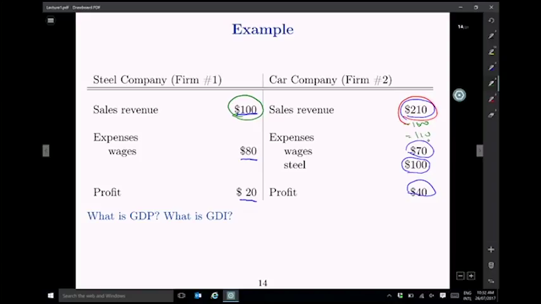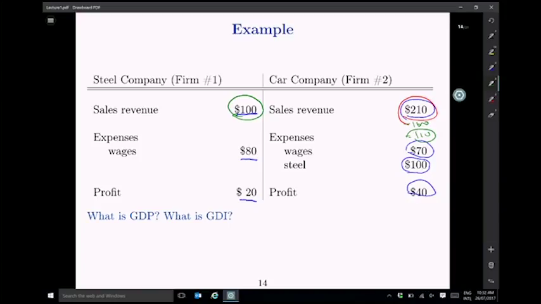We are left with 110. That's the value added by the car company. And the total value added would be 100, by the steel company, plus 110, by the car company. You have 210. Not too bad, we have 210 again. So these two measures give us the same aggregate output, 210.